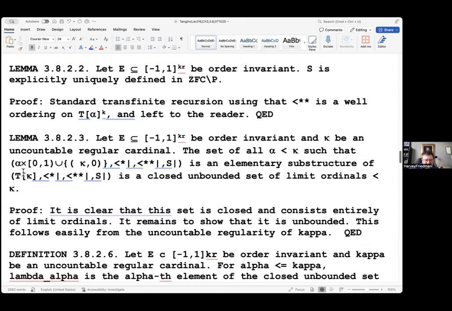In other words, they're of the form alpha, 0, 1 union kappa, 0. I want to consider the structures with both less than star and less than double star as relations. And I don't want to have to put the domain down.